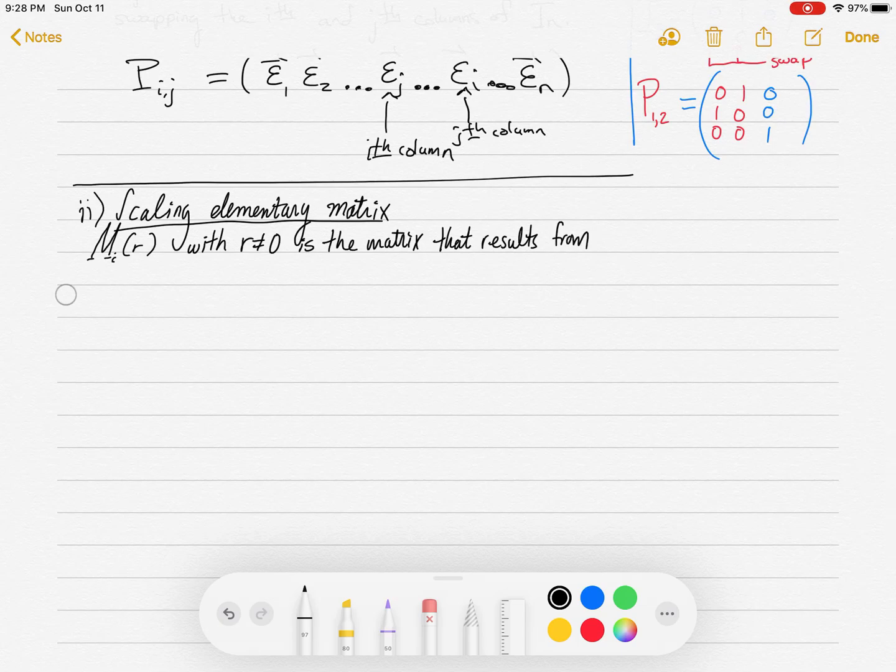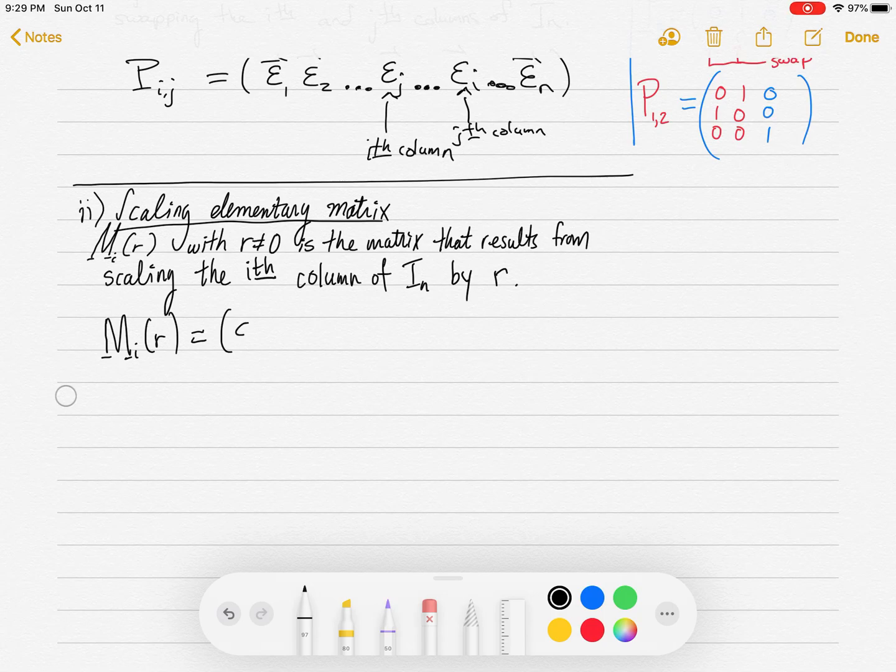Mi of R, with R not 0, is the matrix that results from scaling the ith column of the identity matrix, In, by the scalar R. Now, if you wanted to give this a nice column notation, call this Mi of R equals: the first column would be epsilon 1, second column epsilon 2, just like the identity, and then you would get to the ith column, and things would be different.